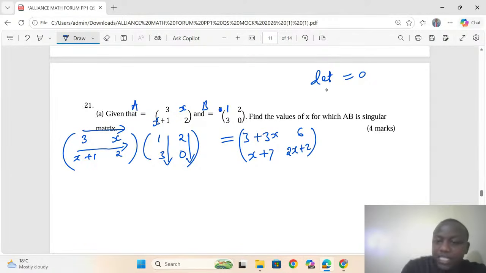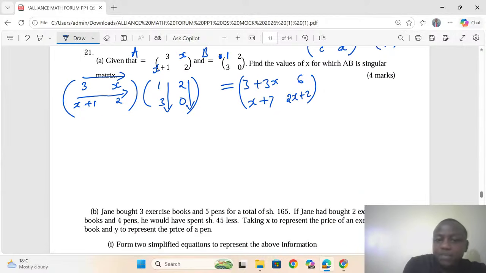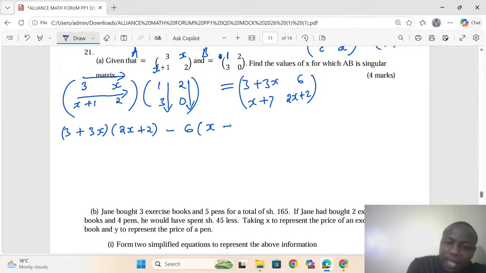If your matrix is A, B, C, D, then the determinant is A times D minus C times B. So the determinant is 3 plus 3x into 2x plus 2, minus 6 multiplied by x plus 7. We are told this is supposed to be 0.